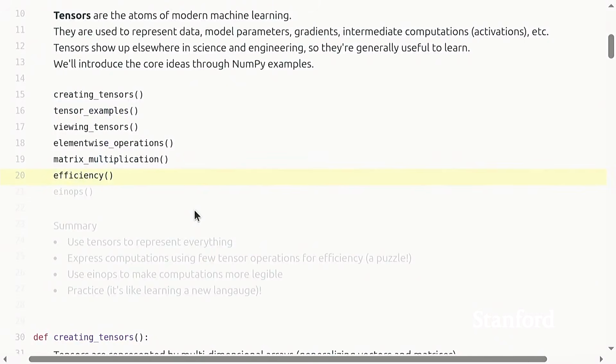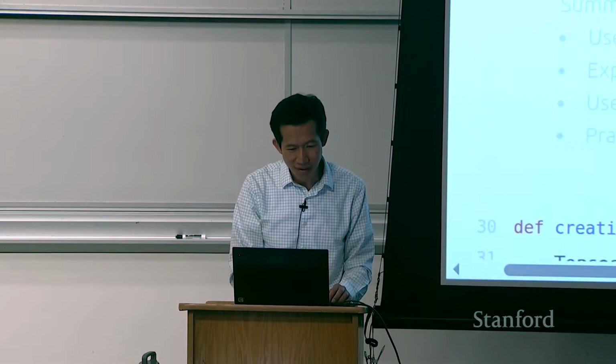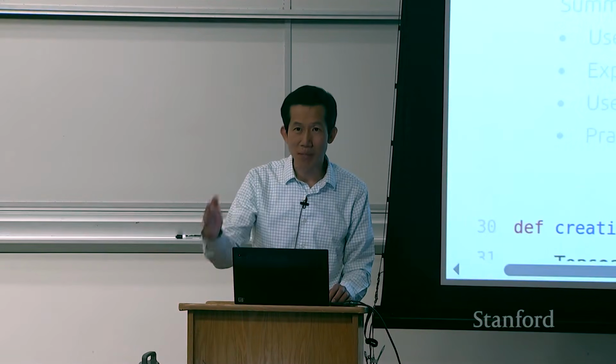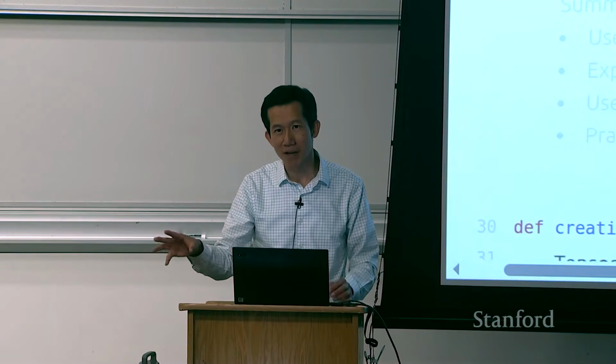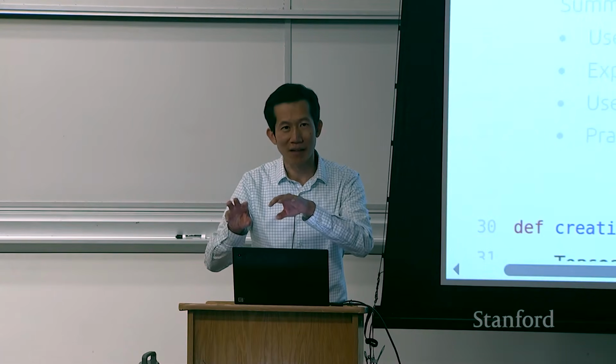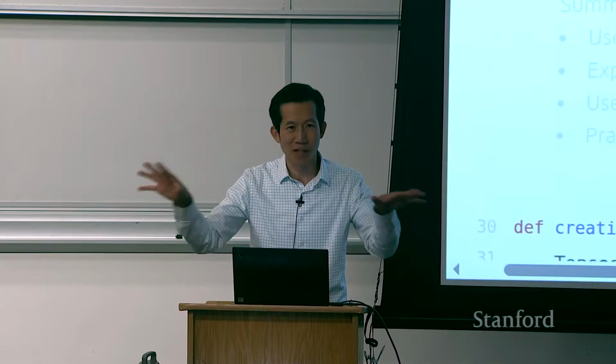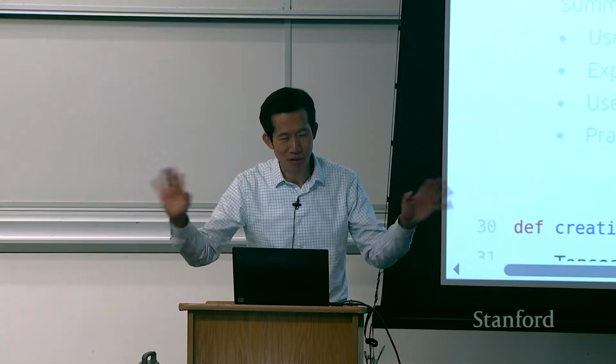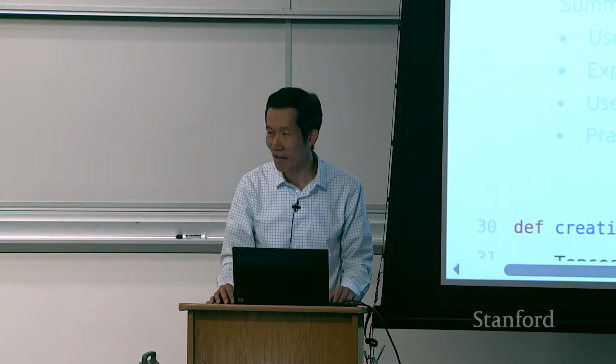And just to say a little bit more, once you are able to write things in tensors, then not only can you put it on GPUs, but if you think about distributed algorithms, there are automatic tools that can shard up your tensors across multiple GPUs, and it can go even faster.